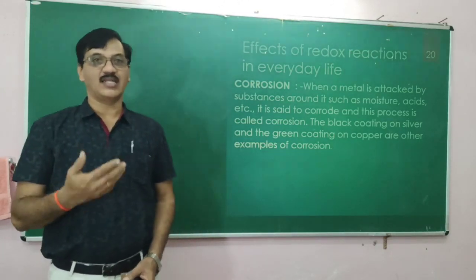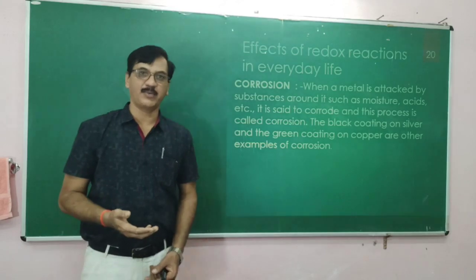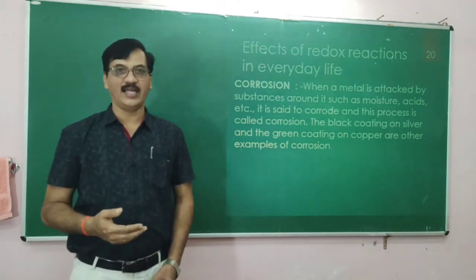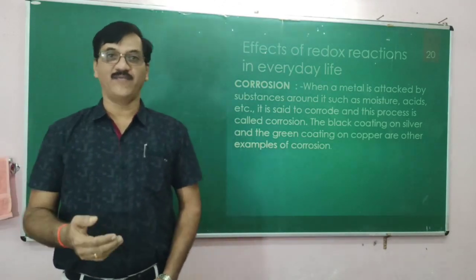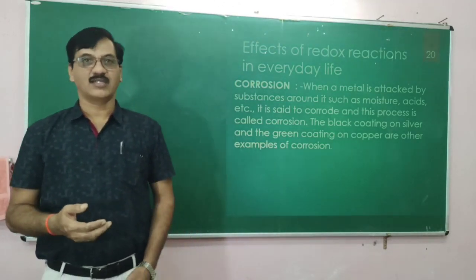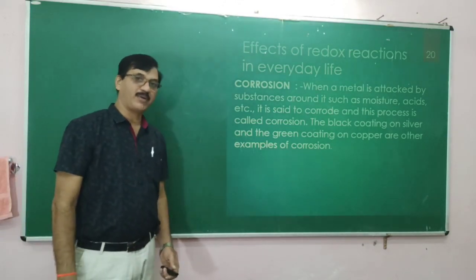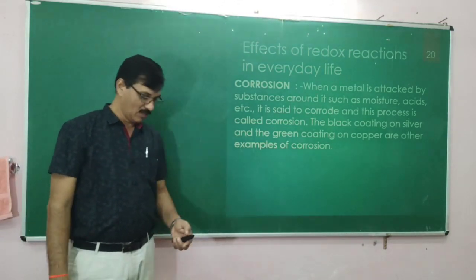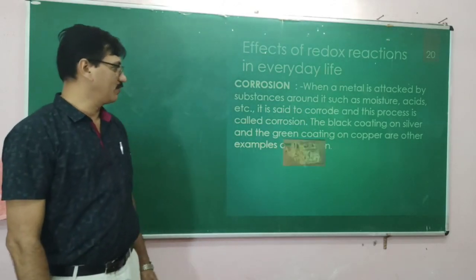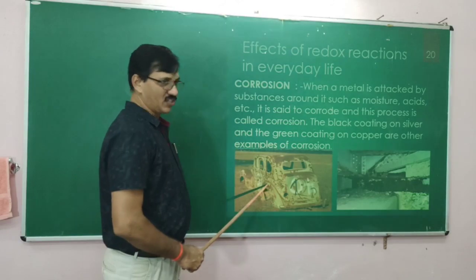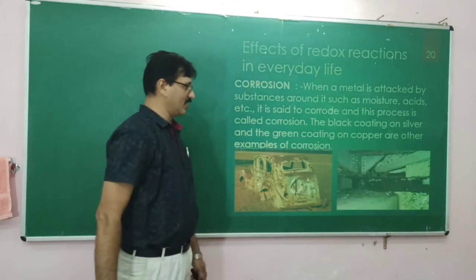Therefore, the iron bars which are used in bridges or in constructions, if they get corroded, then there will be a heavy loss because the construction becomes weak. And we have to prevent this corrosion. How can corrosion be prevented? You can see the cars and the iron bars get rusted here.